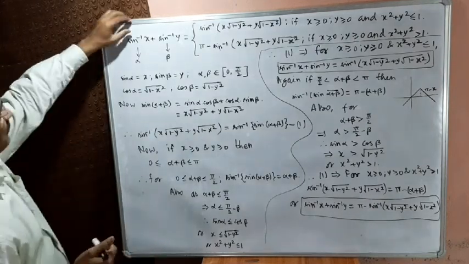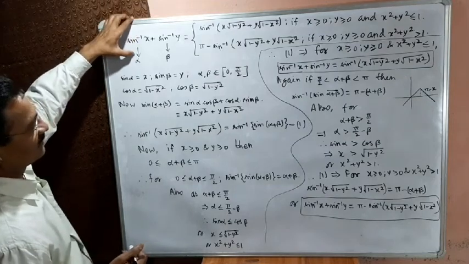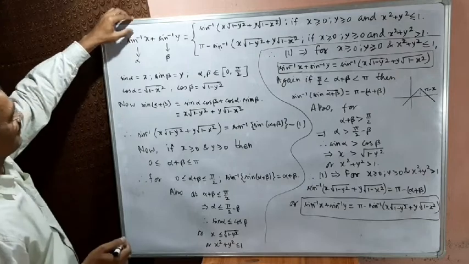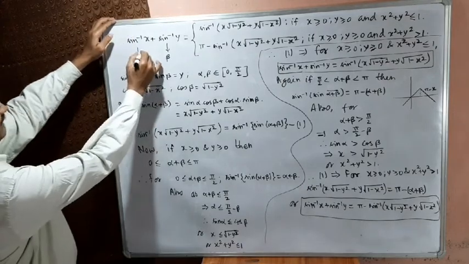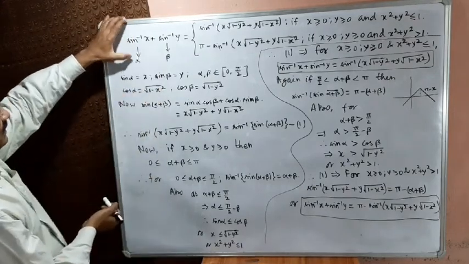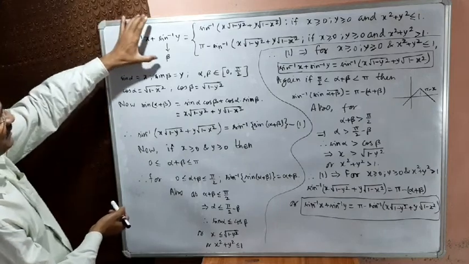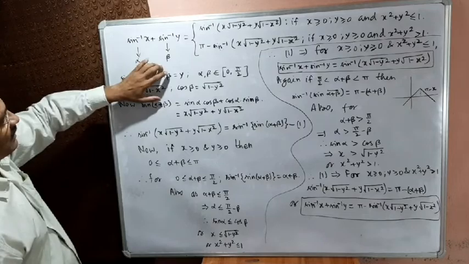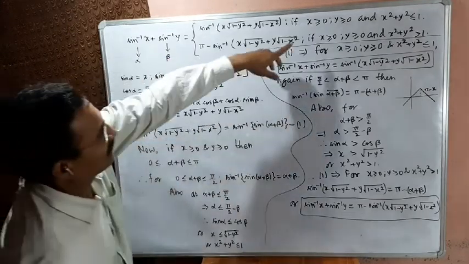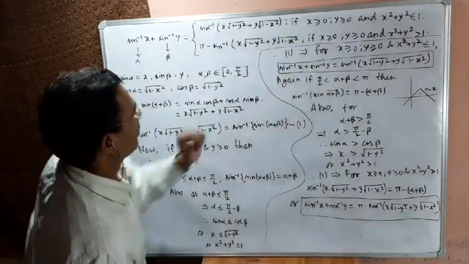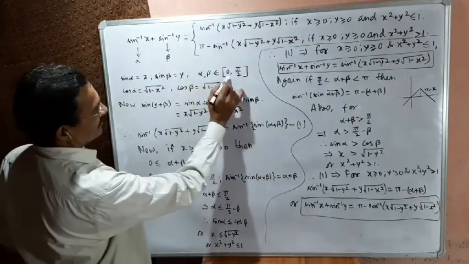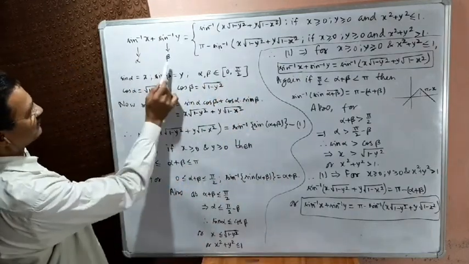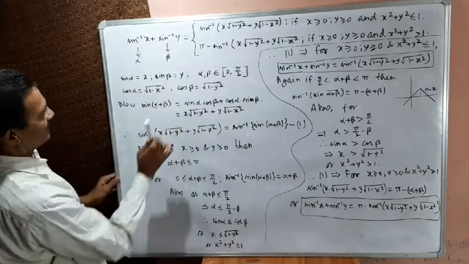We have taken sine inverse x equals alpha; due to scarcity of place, I have just shown this with an arrow symbol. It means alpha equals sine inverse x, beta equals sine inverse y. Therefore, alpha and beta belong to, for right now conditions where x, y both are positive, both will lie between 0 to pi by 2, and sine alpha will be equal to x, sine beta will be equal to y.